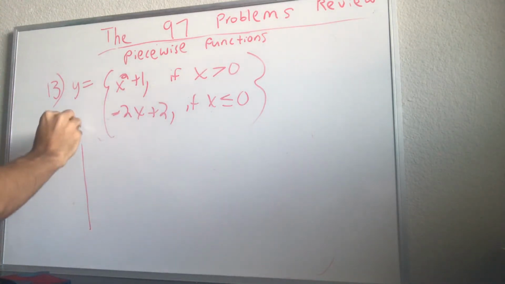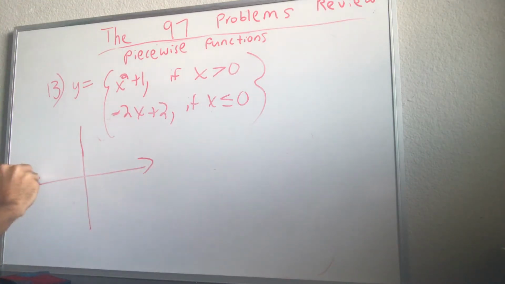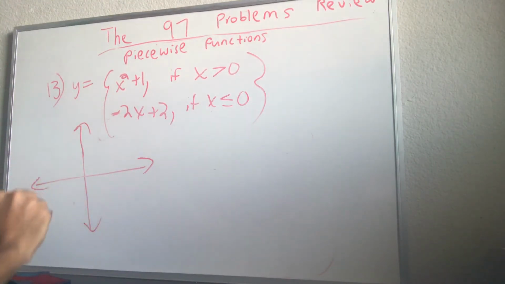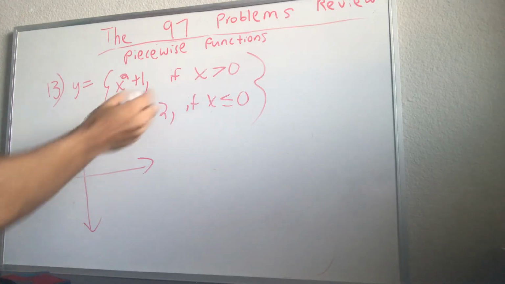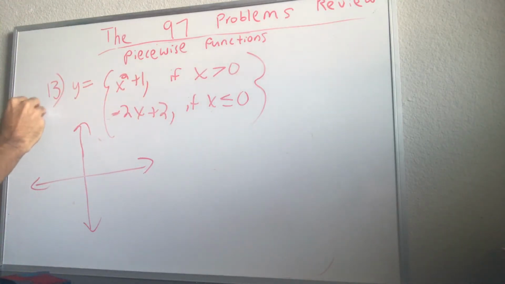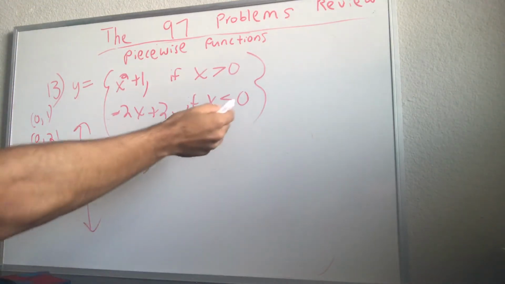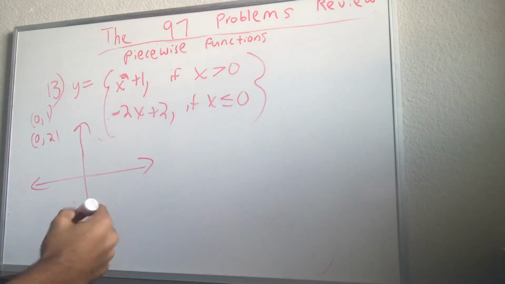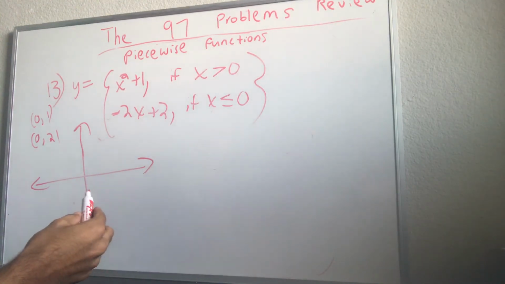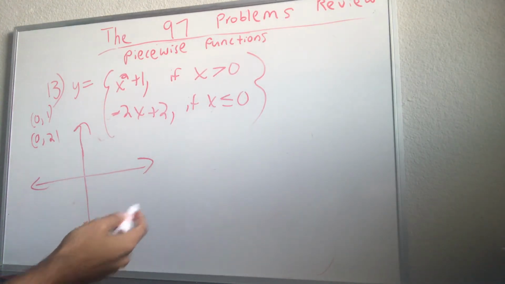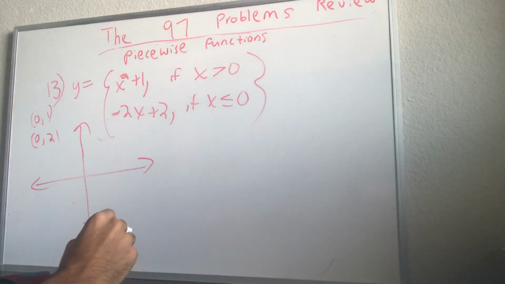So let's just make a sketch here. So we should look at 0. When we plug 0 here, we see that it's 0 comma 1. When we plug 0 here, we see it's 0 comma 2. So there is disparity for sure. Obviously this point over here is the one that's not going to be the hole. It's going to be the filled circle, because here x does equal 0.